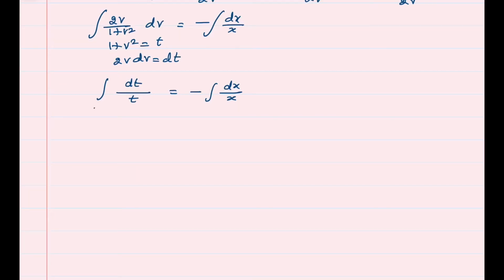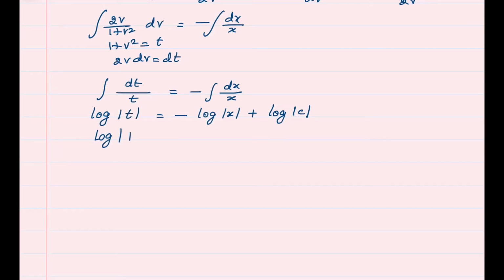Integrating both sides, we get log of absolute value of t equal to minus log of absolute value of x plus, since these two terms are having log function, we will write the constant of integration as log of absolute value of c. Let us substitute for t.